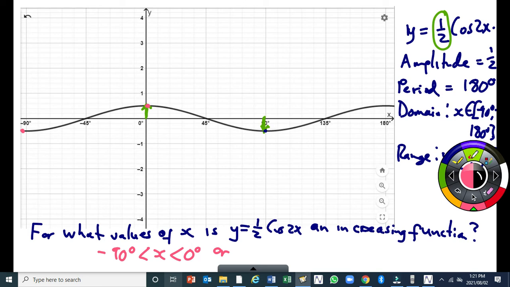Then the graph will start to be a decreasing function, decreasing until you get to this point, then it starts to increase to the right. So we have 90 degrees is less than x, x is less than 180 degrees. Those will be your two answers.